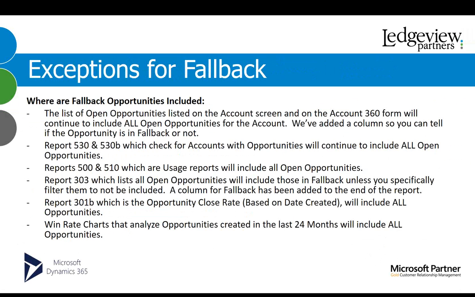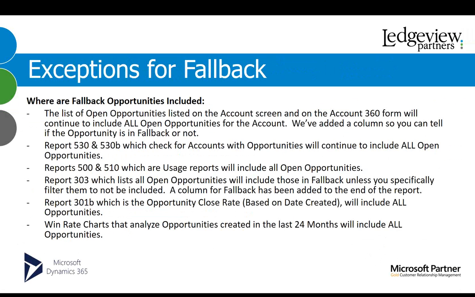Report 530 and 530B include fallback opportunities, as do 500 and 510, which are usage reports. And then report 303 lists all open opportunities, including fallbacks, unless you specifically filter it to not include fallback. Because it's a report, you can filter it specifically, but a column for fallback has been added so you can see if it's in fallback or not.